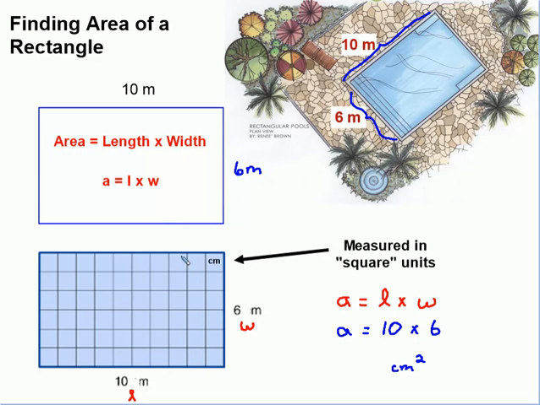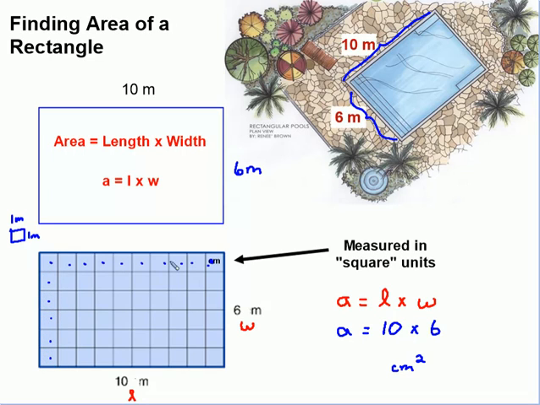That means if we were to break down this rectangle into what we call unit cubes, in this case this should say meters, not centimeters. If we were to take a cube that was 1 meter on one side and 1 meter on the other side, if it had an area then of 1 meter, we could fill this rectangle up with 10 on this side, 1, 2, 3, 4, 5, 6, 7, 8, 9, 10, and then up and down here the width would be 6, 1, 2, 3, 4, 5, 6.